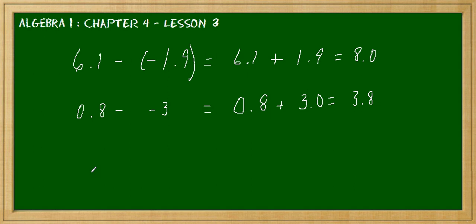B would also be positive because we have a negative divided by a negative. Now C would be negative because we have a negative divided by a positive. And likewise in D, negative divided by positive. Then we have a positive divided by negative, which also would be negative. And then the last one, negative divided by negative, similar to B, that would be a positive.